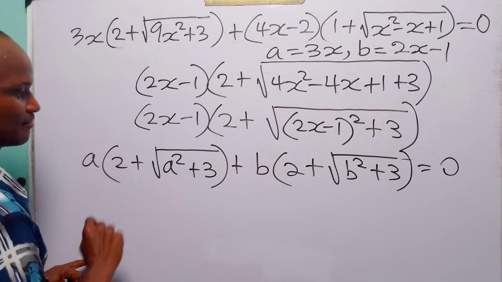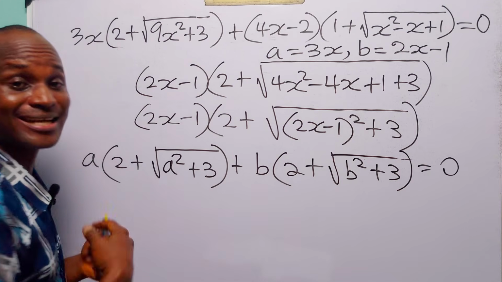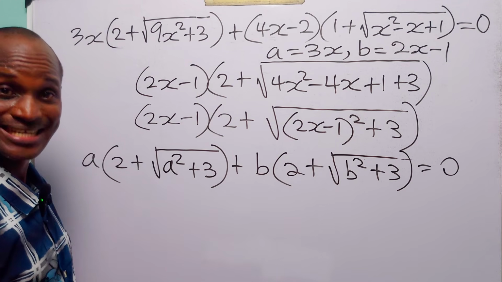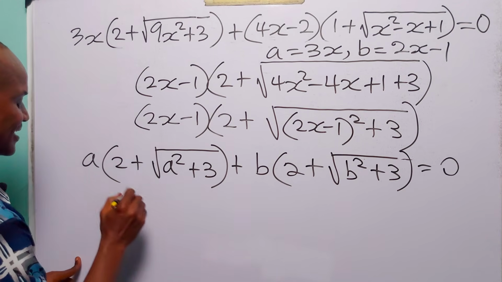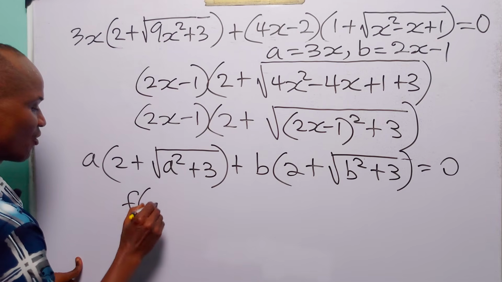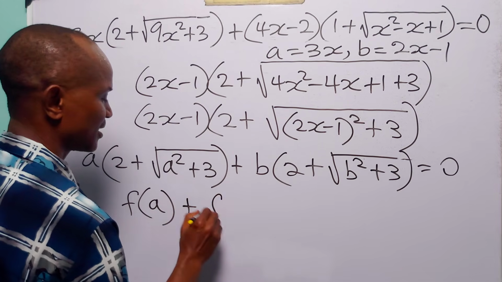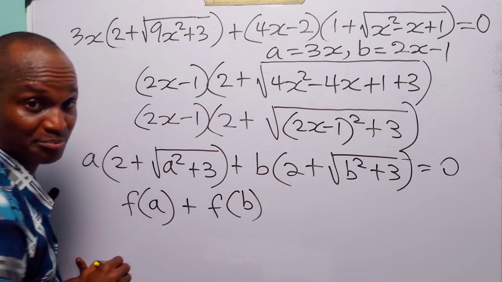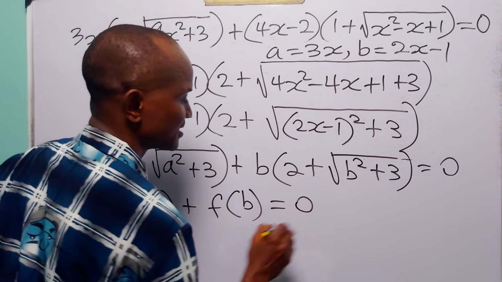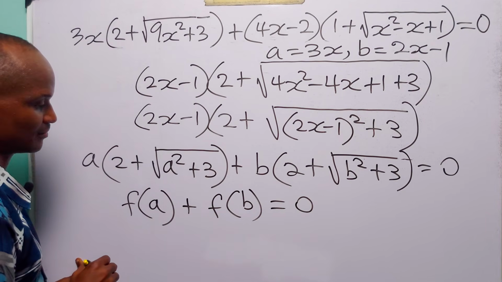Now look at this and look at this. You'll see that the two functions look exactly the same. So let this be f of a and let this be f of b. Now, of course, this is equal to 0.